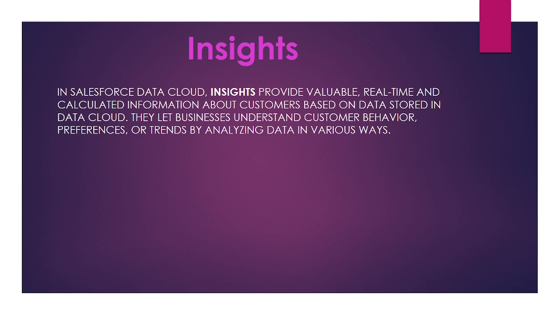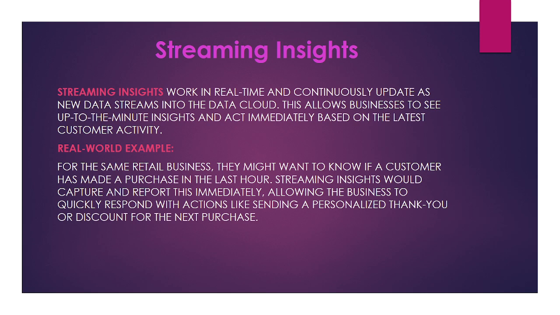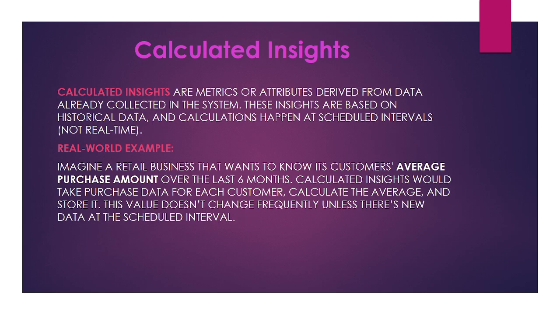Let me tell you the two different types of insight, which are calculated insight and streaming insight. Now, what is calculated insight? Okay, so now tell me one thing: if an agent wants to know overall how many rupees of items that particular customer purchased in this year, this is something we will occasionally check.